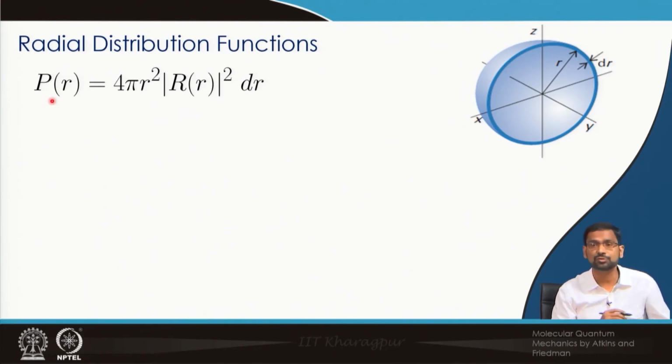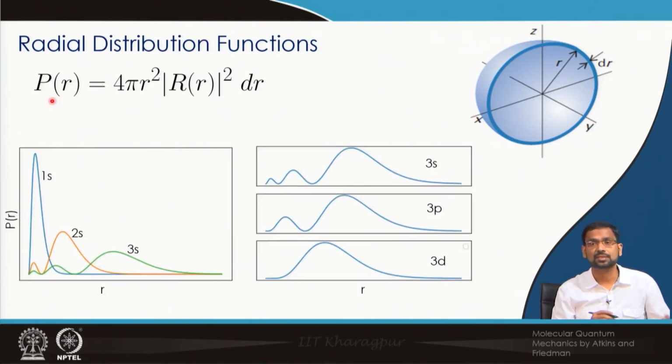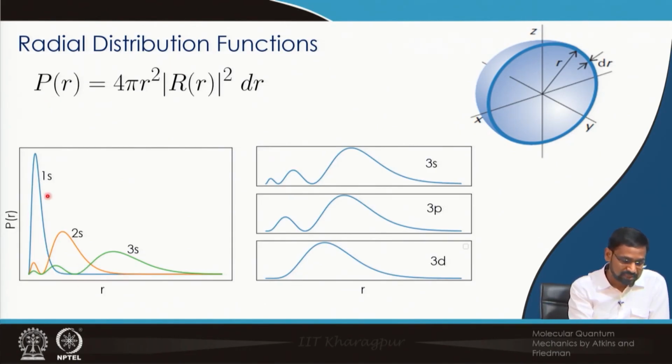Now, this radial distribution function is a very interesting quantity that gives many useful features about the hydrogen atom problem. Here we see the radial distribution function for the 1s orbital, 2s orbital and 3s orbital. We see that the radial distribution function of the 1s orbital shows a single sharp peak at a small value of r.